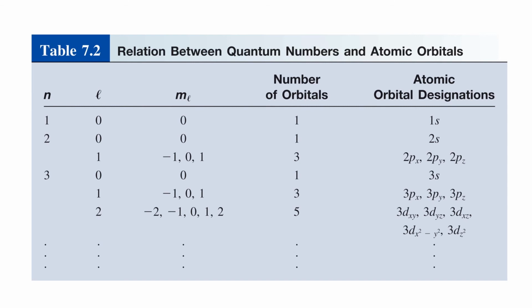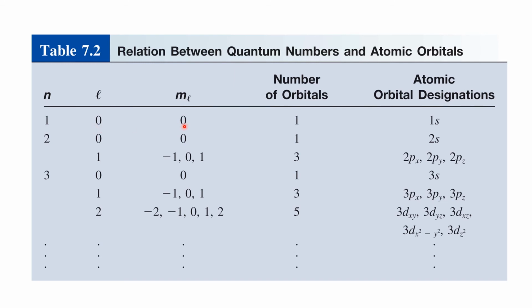Before we get there, I want to delve into the relationship between quantum numbers and atomic orbitals a little bit more. Notice that with increasing n, we have expanded horizons for values of L and ml. When n equals 1, we are quite restricted.